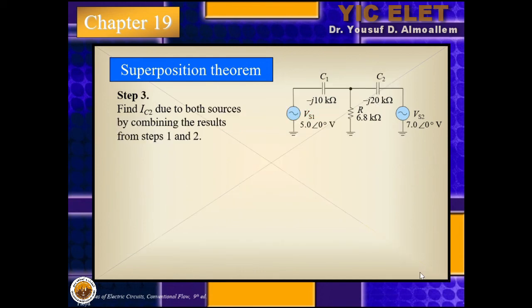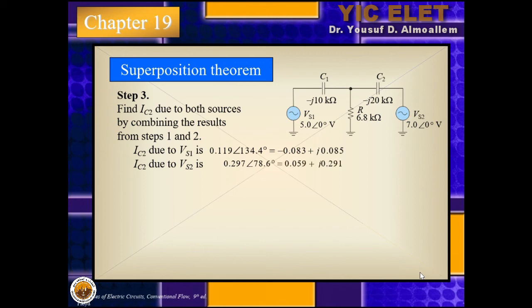So step number 3, I have to do the addition of both portions or components of the currents from both sources. Now with both sources switched on, here I will do the math to add both of these variables. So this is the polar representation.